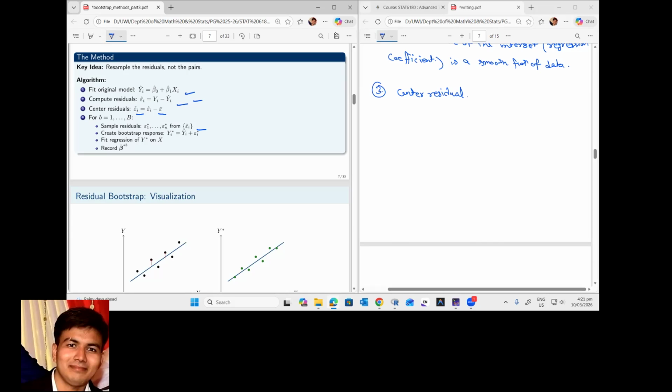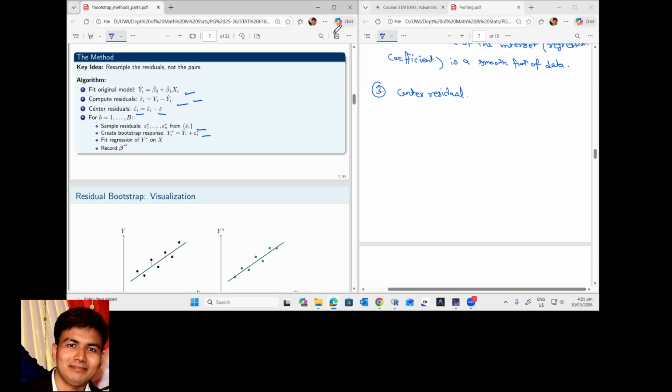So some residuals may appear multiple times and others not at all, reflecting the randomness of the error. After that, in the second stage of the fourth step, we use these bootstrap errors to construct the new response, y_i star equals y_i cap plus epsilon_i star. Here y_i cap is fixed, since x is fixed and beta is fixed from the original fit.